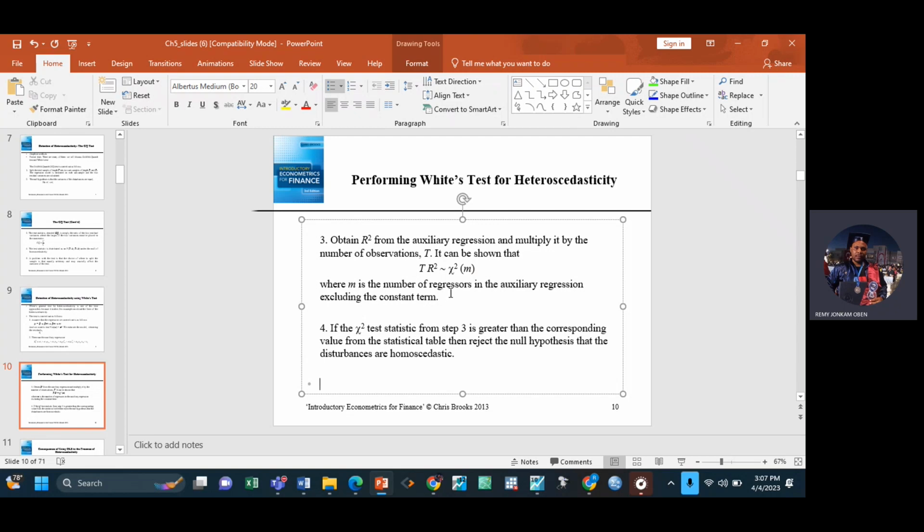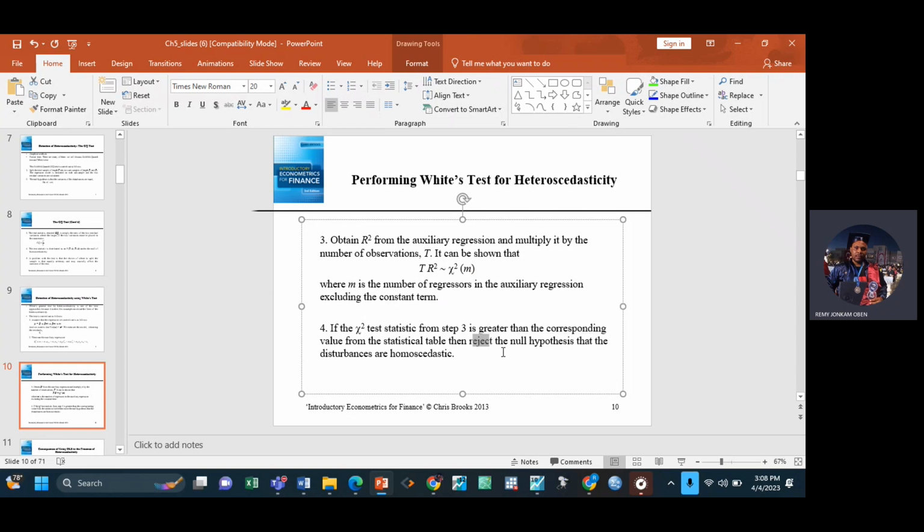After doing this, we have our test statistic, which in this case is the chi-squared statistic. We are comparing it with the critical value, so we will look at the critical value from the tables of the chi-squared distribution. If that test statistic is greater than this critical value, then we have to reject the null. If the test statistic is less than the critical value, then we fail to reject the null.